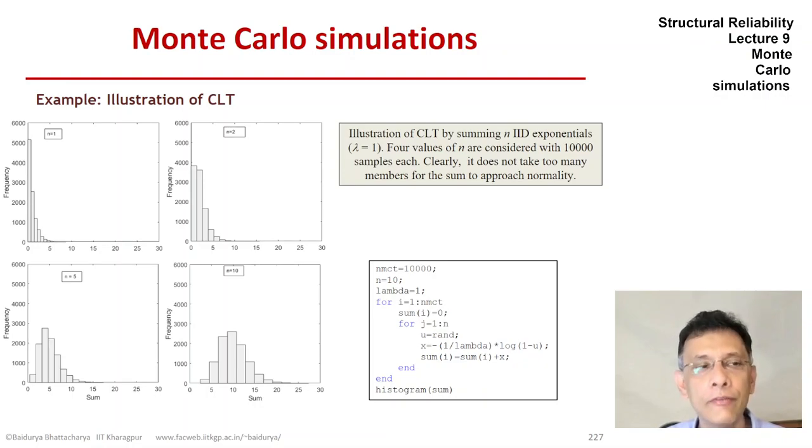At least graphically it seems that the central limit theorem is kicking in pretty early. We don't have to wait for n equals a very large number. Even with 5 or 10, the effect is becoming very clear.